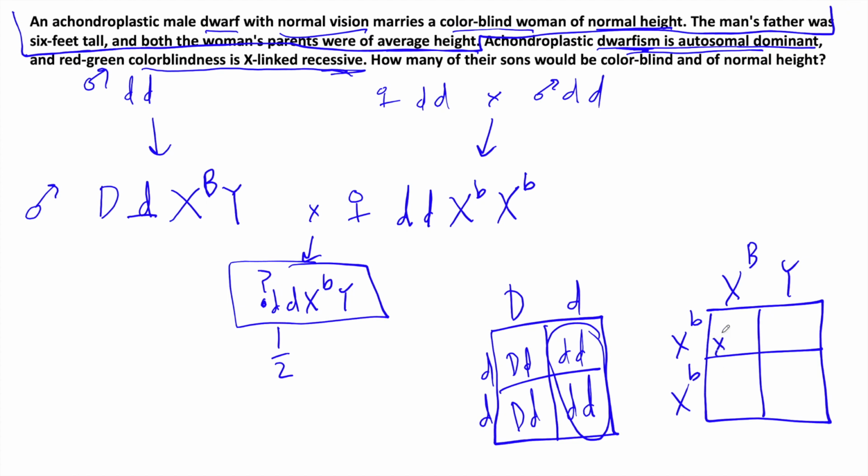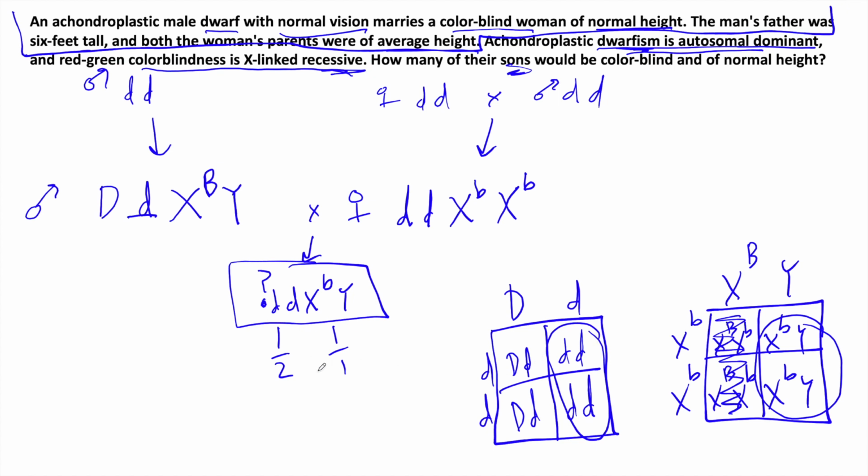So possible kids are X big B, X little b, X big B, X little b, X little b Y, X little b Y. And I want to know what's the chance that their son, since we're only talking about the sons, we don't look at the daughters. So what's the chance that their son is colorblind? Well, 100% of the sons are colorblind. So 100%, or 1 out of 1.